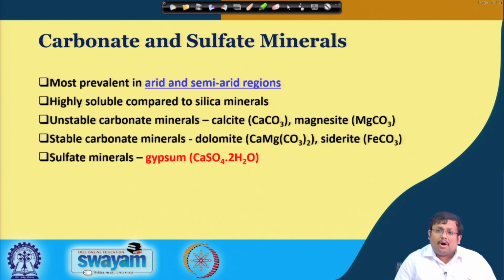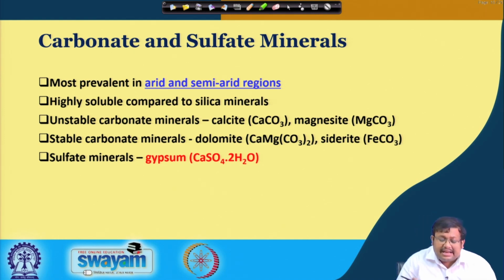So, apart from all these oxides, intergrade minerals, interstratified minerals, primary minerals, 1:1 type, 2:1 type, and 2:2 type minerals, we also see carbonate and sulfate minerals in the soils. They are most prevalent in arid and semi-arid regions, and they are highly soluble compared to silicate minerals, and they are unstable.